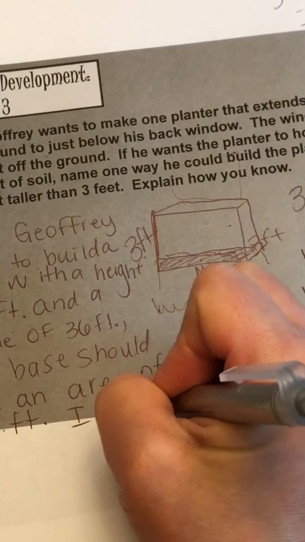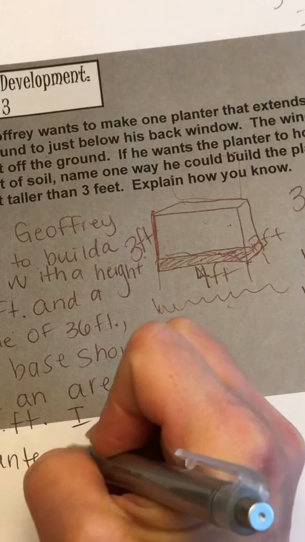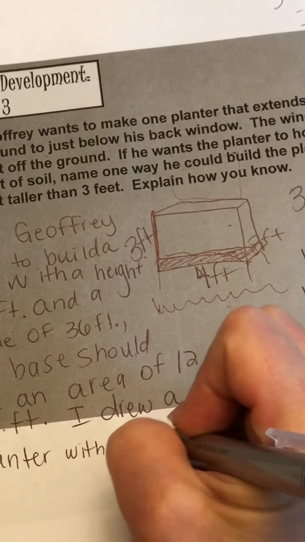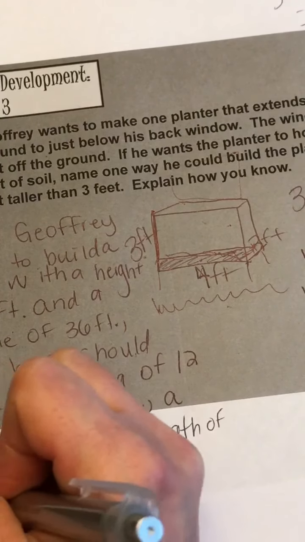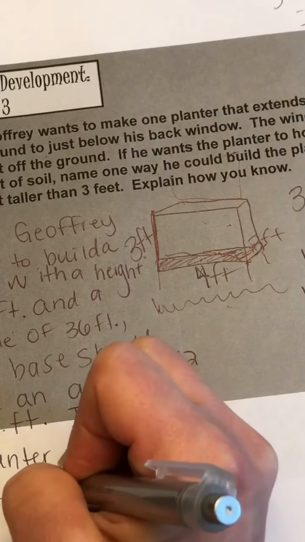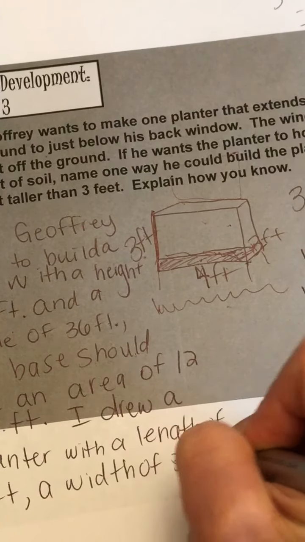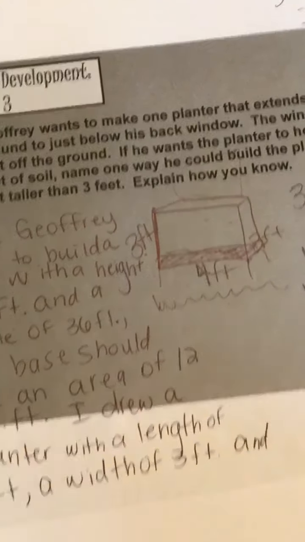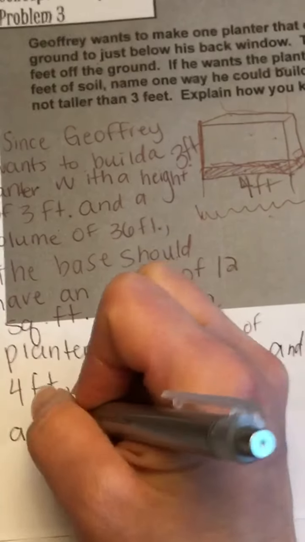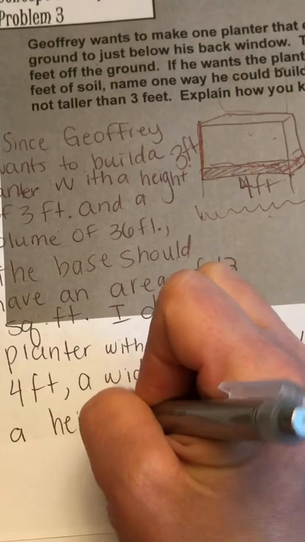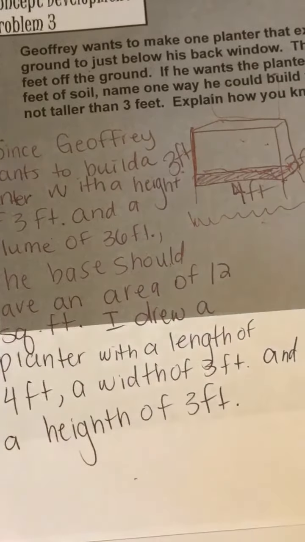I drew a planter with a length of 4 feet, a width of 3 feet, and hopefully you know this last part because it's what it told us, a height of 3 feet.